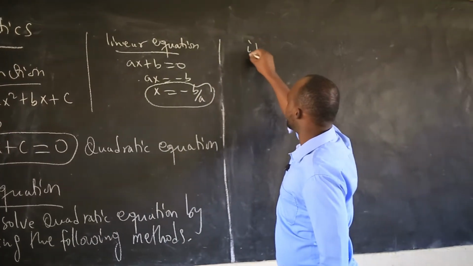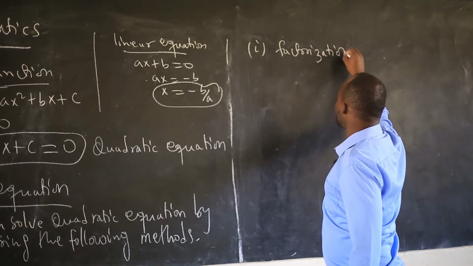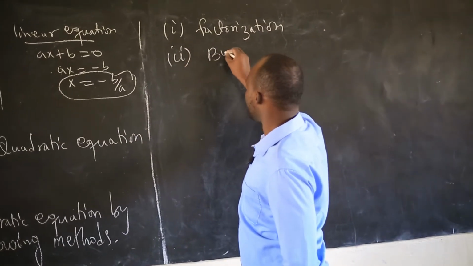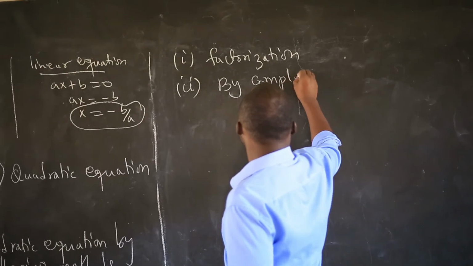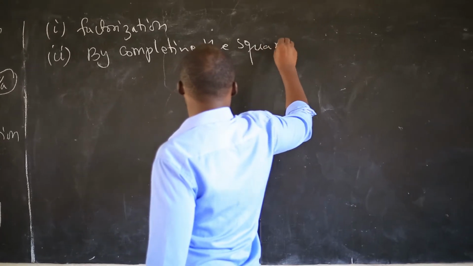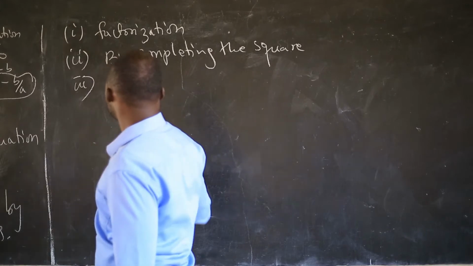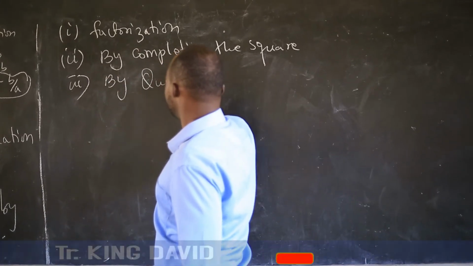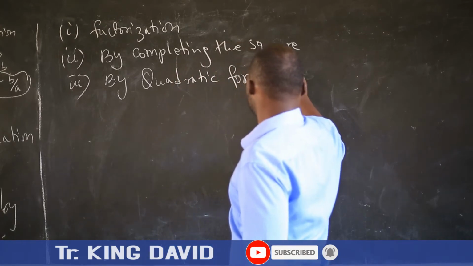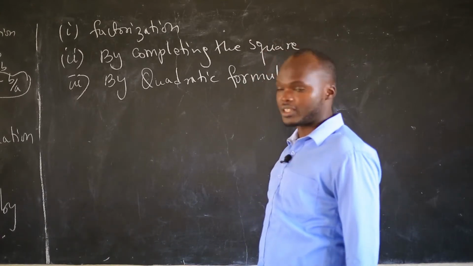The first method is factorization. The second method is by completing the square. The third method is by quadratic formula. So meaning that we have three methods we can use to solve quadratic equation.